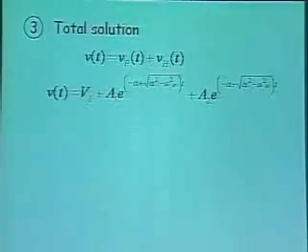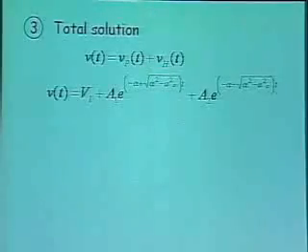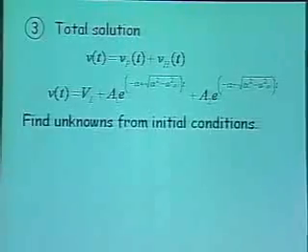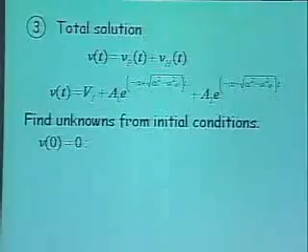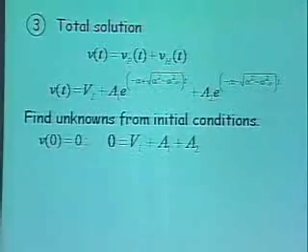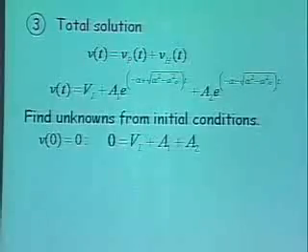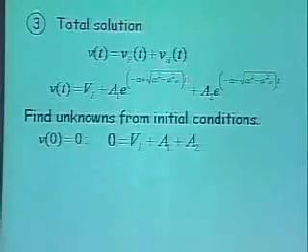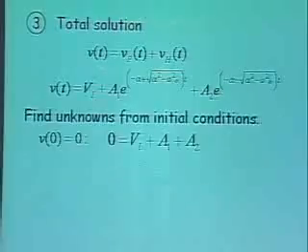Now if I wasn't doing circuits and simply trying to solve this mathematically, here's what I would do. I would find the unknowns from the initial conditions. I know that V0 was 0, and so if I substitute 0 for V0, I get this. If I substitute 0 here, t is 0, so I simply get VI plus A1 plus A2.